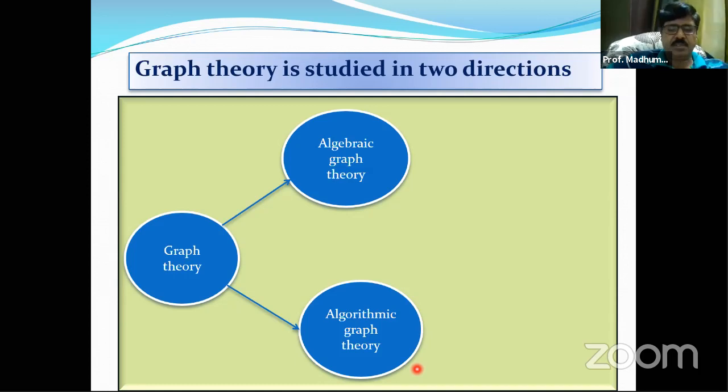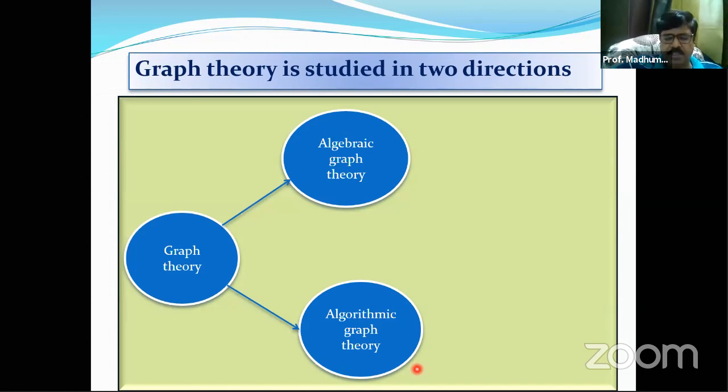These are completely different directions, but anyone from a mathematics background can also work on algorithmic graph theory. There are no hard and fast rules. They can do so by knowing the basic principles of data structures, algorithm design, and memory allocation.